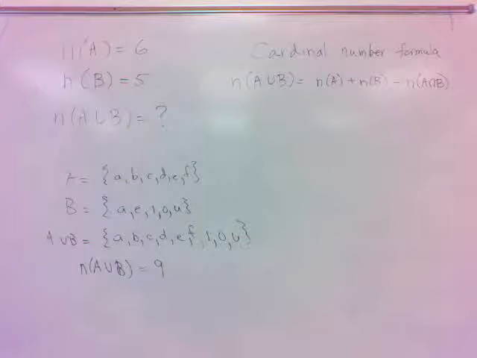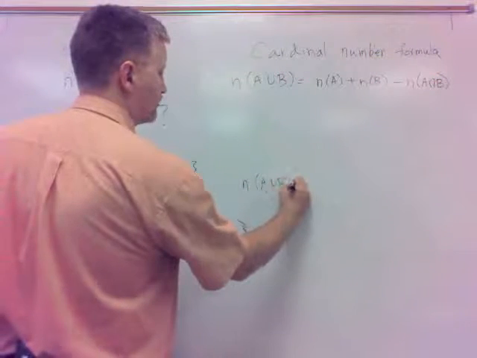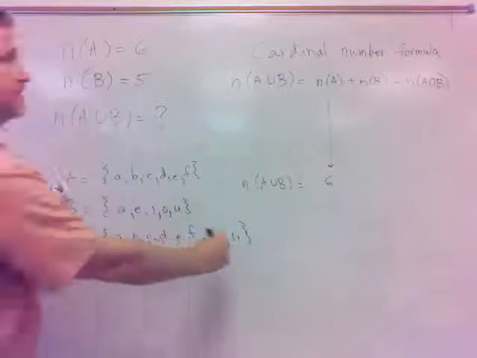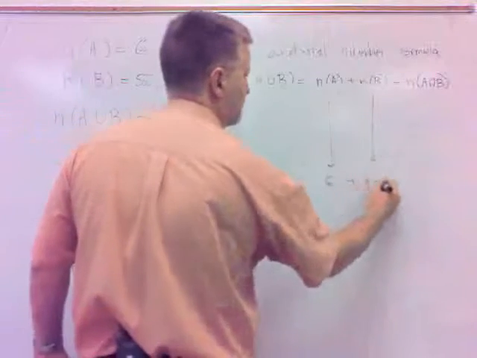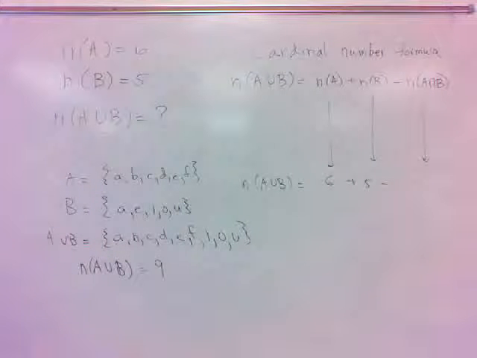If you think about it, that would work in this case, because in my scenario here, A was 6. What's the number in B? 5. And what about the number in A intersection B? How many are in the intersection?